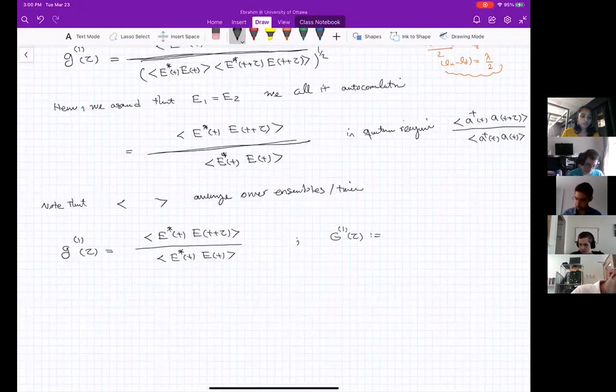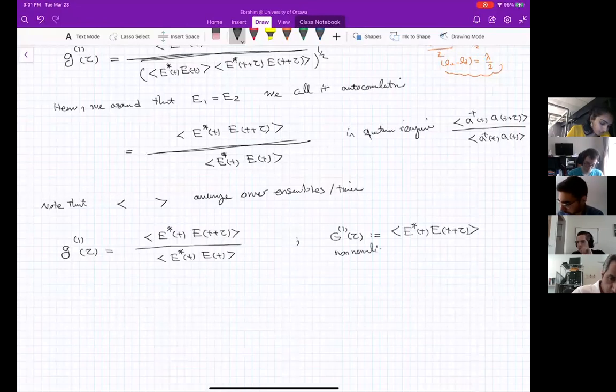This is defined as E star of T, E of T plus tau. This is the non-normalized, as opposed to the normalized, G function, or first order G function. Good.